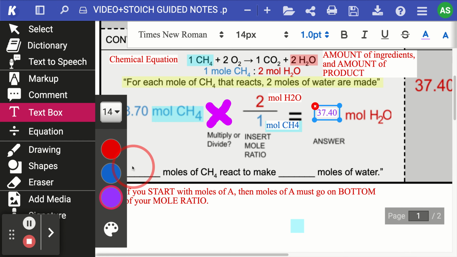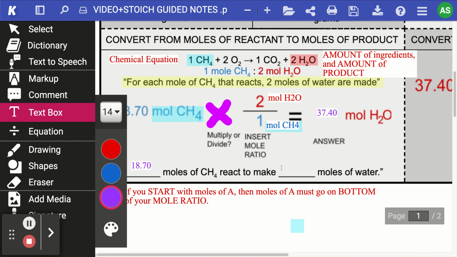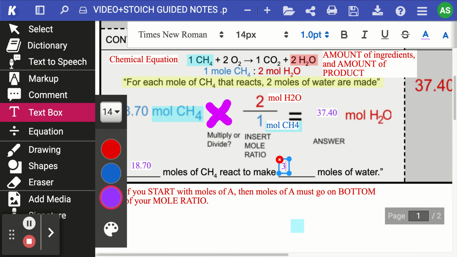Okay, so if 18.70 moles of methane react, it's going to make twice that, 37.40 moles of water.